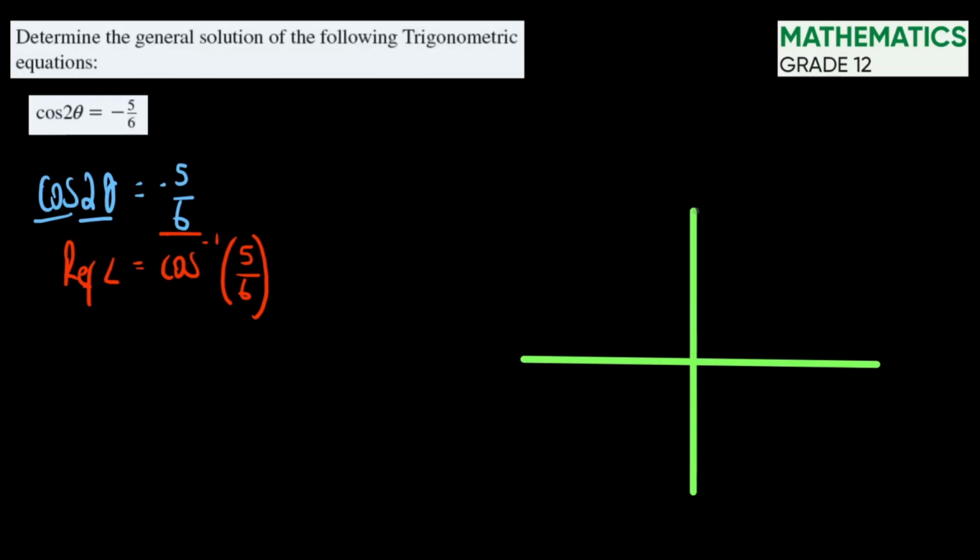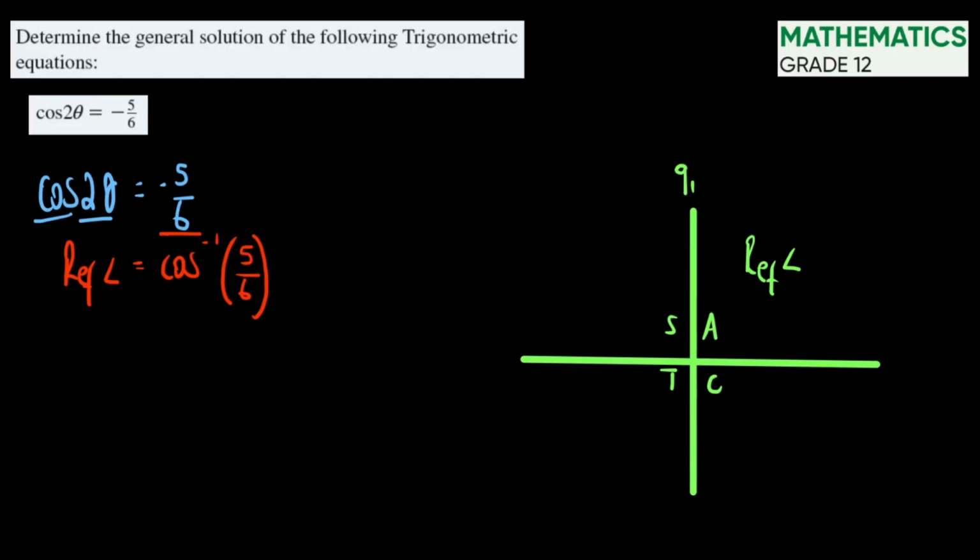So in our classic CAST diagram, we know that all the trig functions in the first quadrant are positive, so we just leave it as our reference angle, which will be less than 90 degrees.